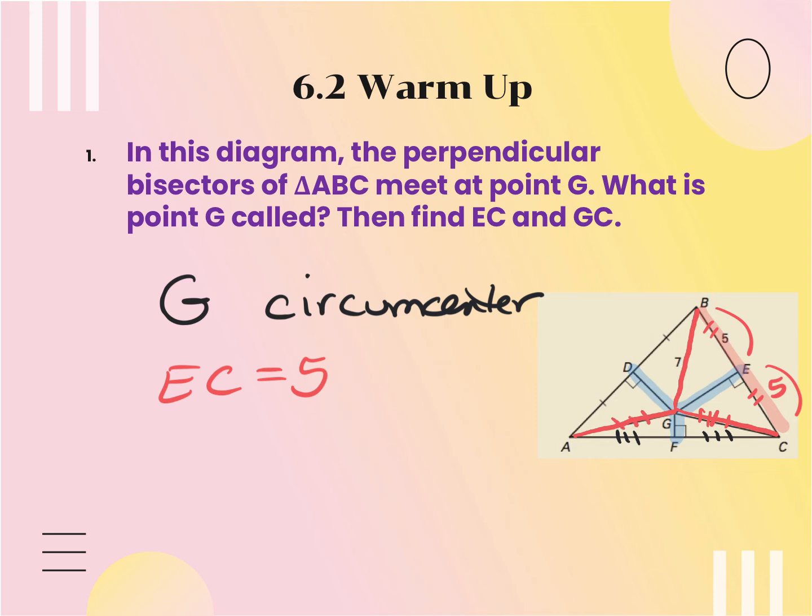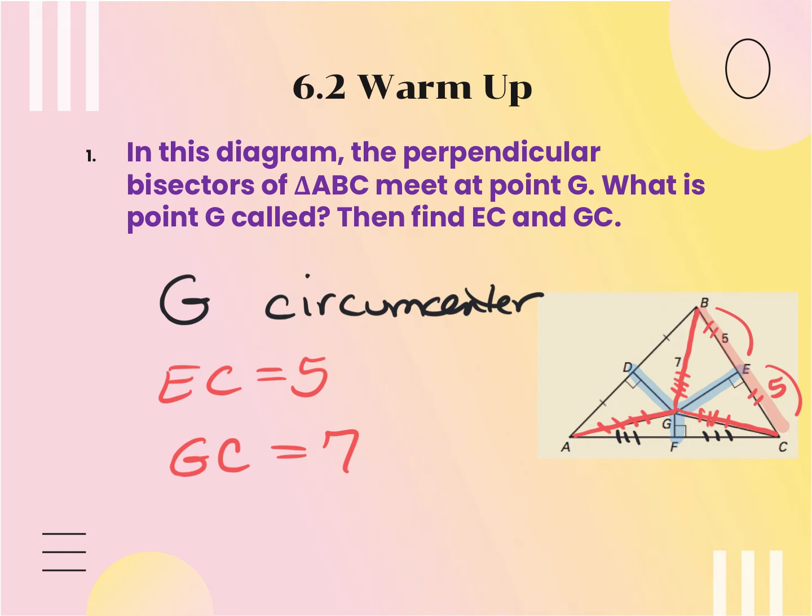So if BG is 7, so is GC. You just need to memorize the theorems and what happens when you find that point of concurrency. The point of concurrency here is the circumcenter, and from that circumcenter I can draw segments to each of the vertices and they're going to be equidistant. So that's why GC is 7.